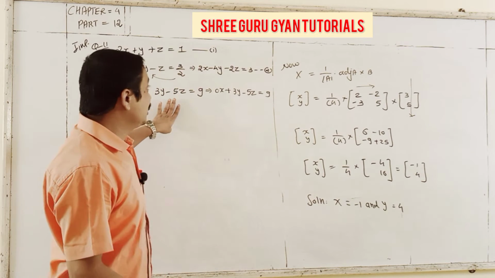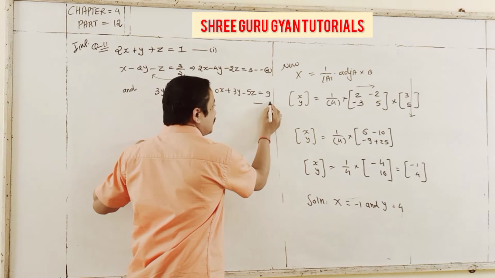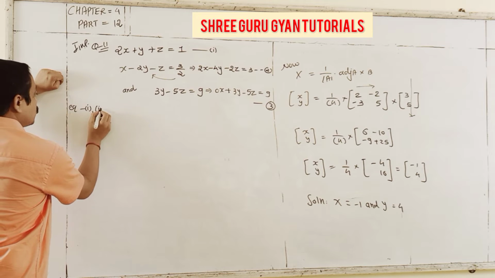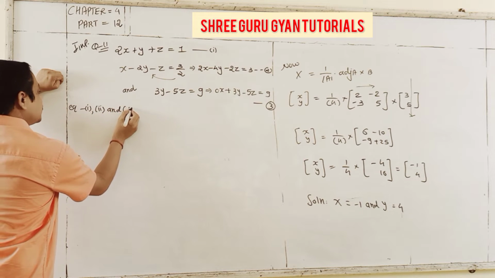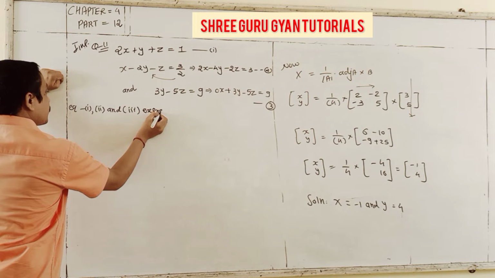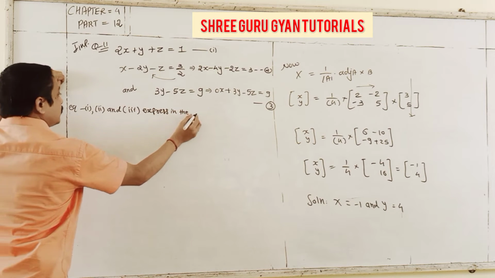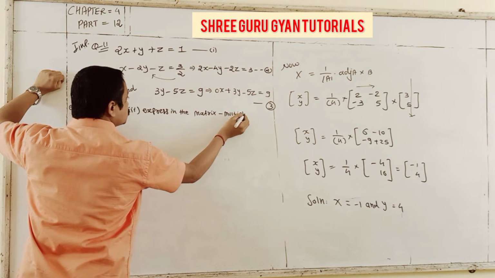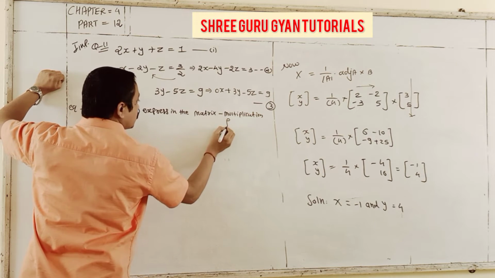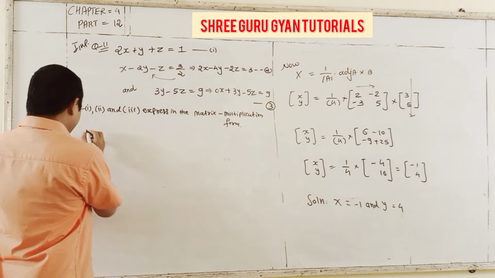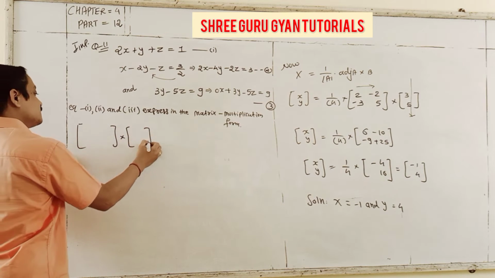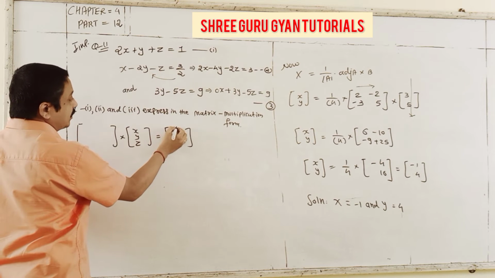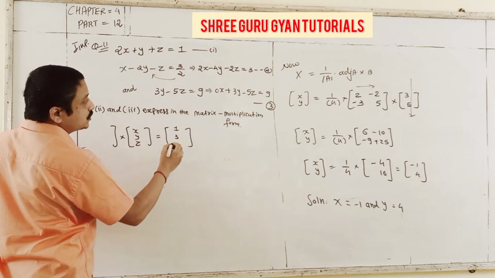And now this whole set of equations, equation numbers 1, 2 and 3, we express in matrix multiplication form. So my first matrix times the second is equal to the right hand side. Here x, y, z fixed. Your right hand side here is 1, that is 3, and here students 9.